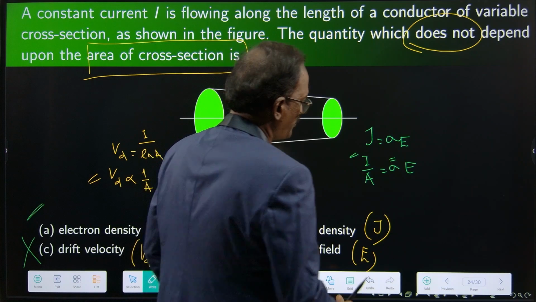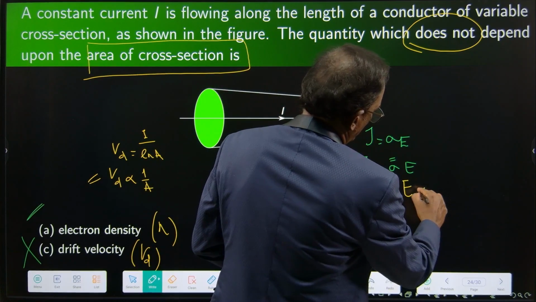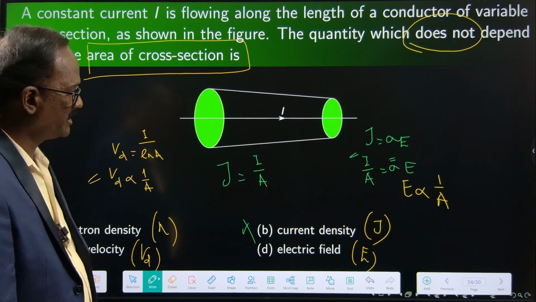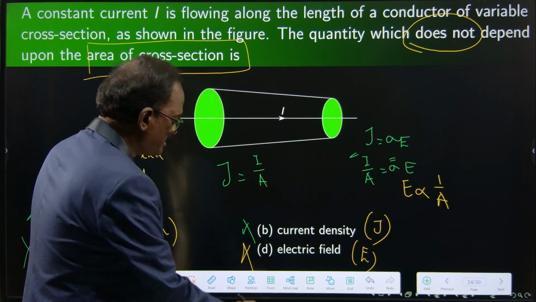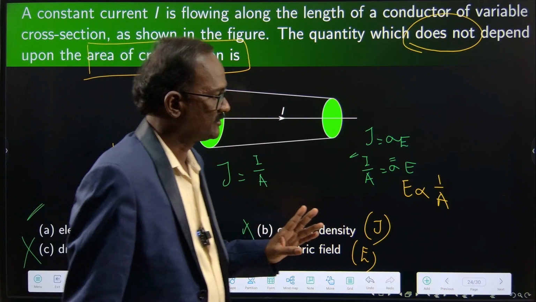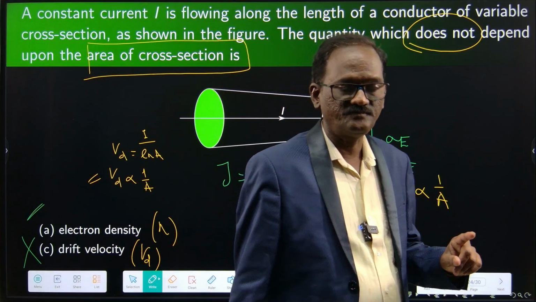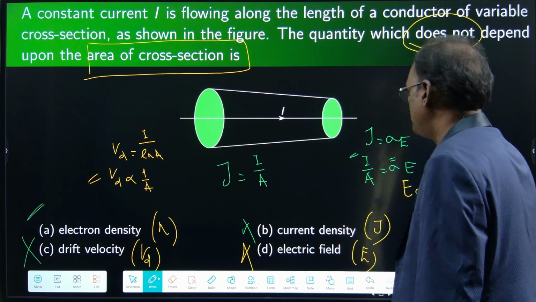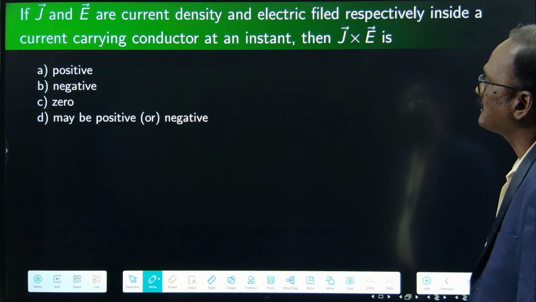So E is inversely proportional to A. So this is also changing. Only N does not change. Copper one value, aluminum one value. So free electron density is the constant in this problem. It does not depend on the cross-sectional area.